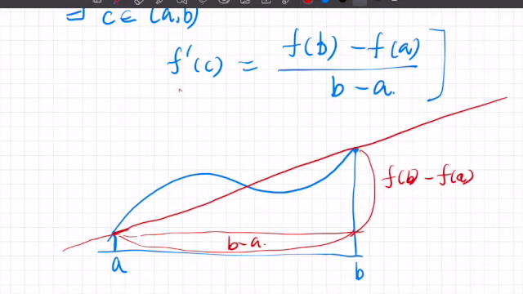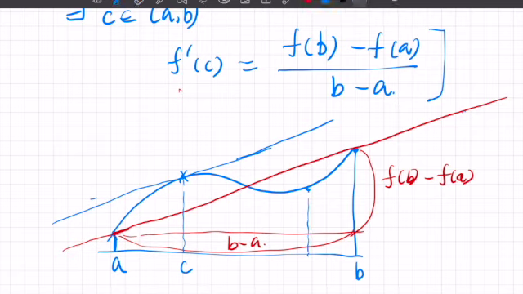And so this means there is some point within this interval such that the slope of the tangent is equal to the slope of this line. For example, in this figure, it could be somewhere here. So this could be c. If you draw a tangent line at this point, it has the same slope as this red line. Or also maybe this point, somewhere here. There could be one or more such points. Okay, so same slope.